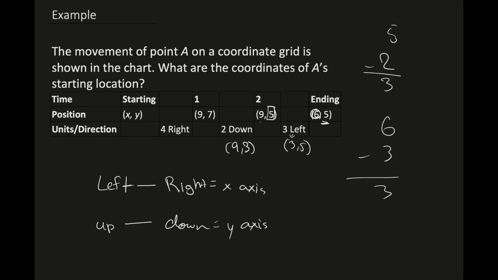Okay? And now we have 9, 7, right? We went to 9, 7. We gotta do 4 right. Let's do this. We're just gonna do the same way we did it earlier. 4 right is on the x-axis, and that means the y stays unchanged.